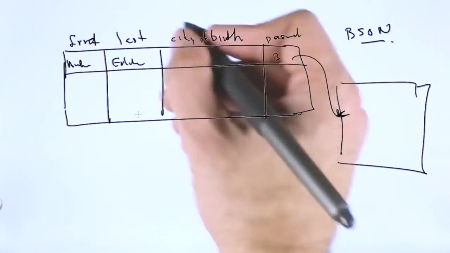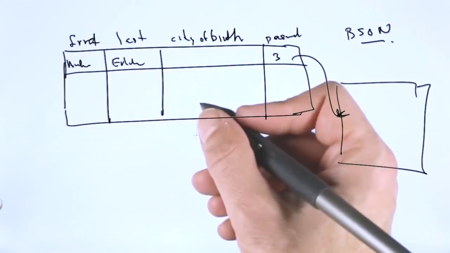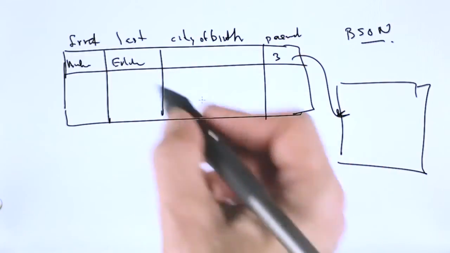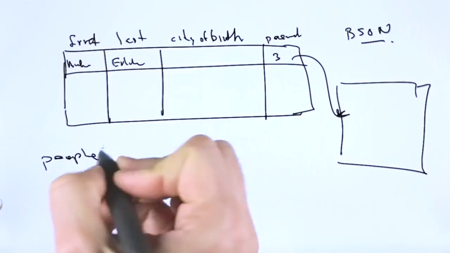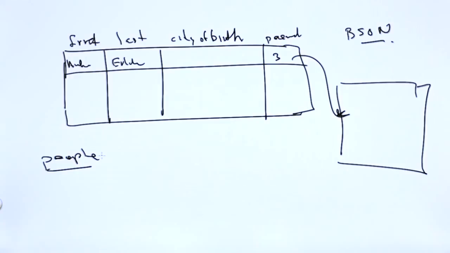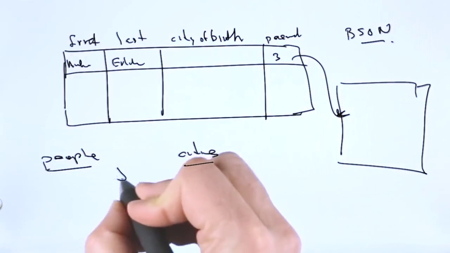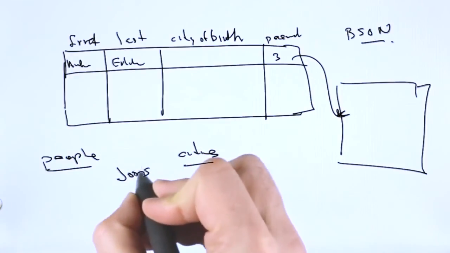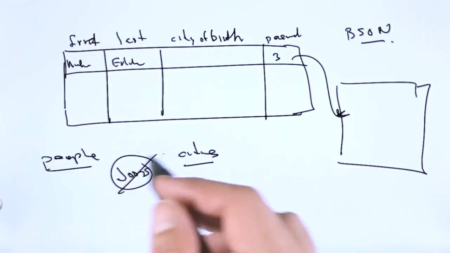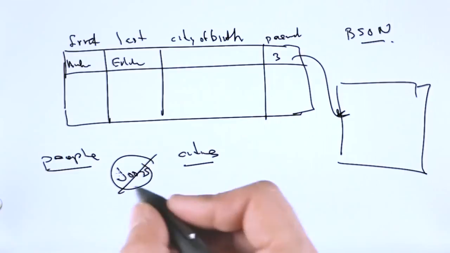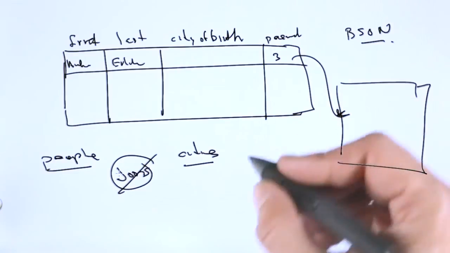Now, in creating this database, what we've done is we've also removed some features that you would see in relational databases. In particular, if there are two collections, let's say one of people and another one of cities and their properties, we don't support joins between them. So we don't have joins. So there's no way to query both of these together. We also don't have transactions, and we don't support SQL.